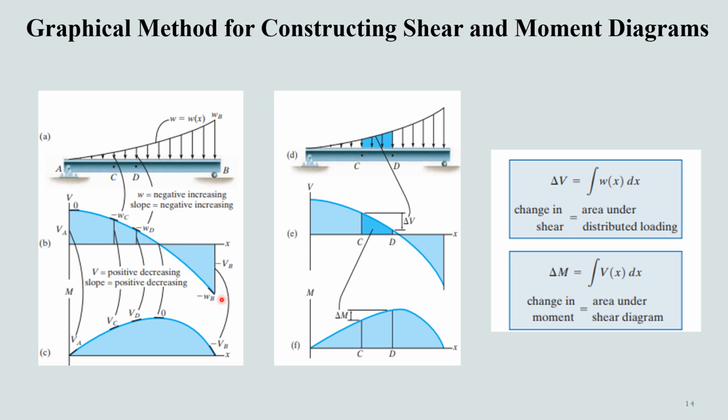The moment diagram will then have an initial slope of plus w_A, which decreases to 0 here, where the moment is maximum at this location. Then the slope becomes negative and decreases to minus w_B.